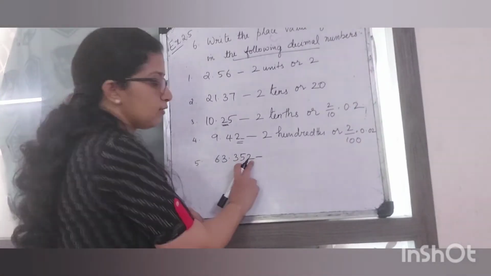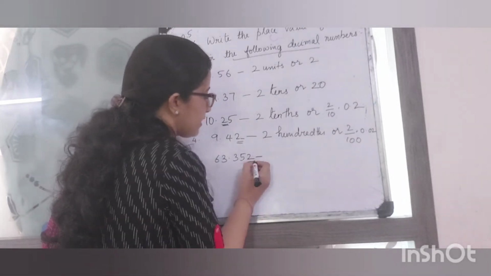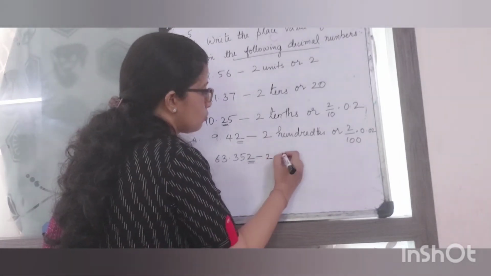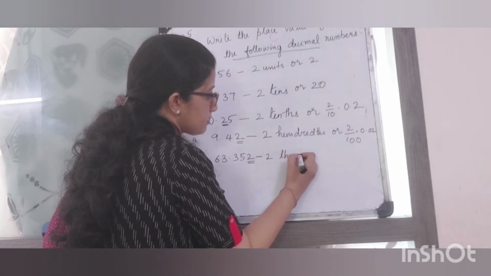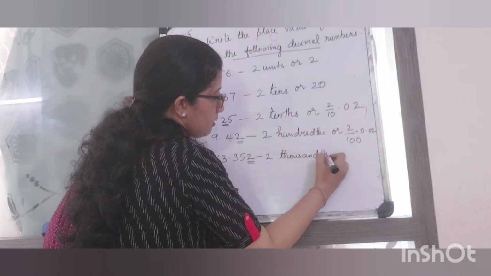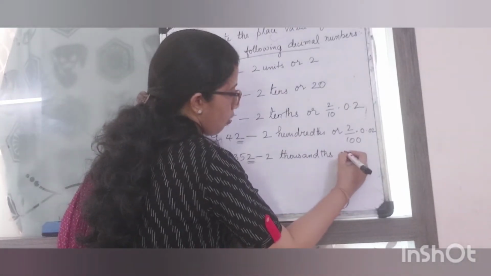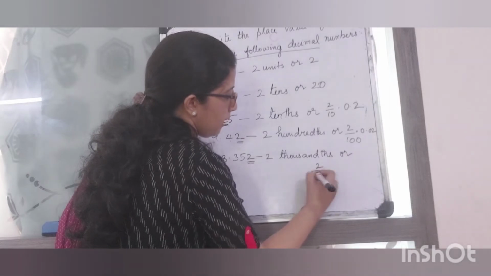Now this 2 is in which place? Thousandths place. So the place value of this 2 is 2 thousandths, or 2 by 1000.